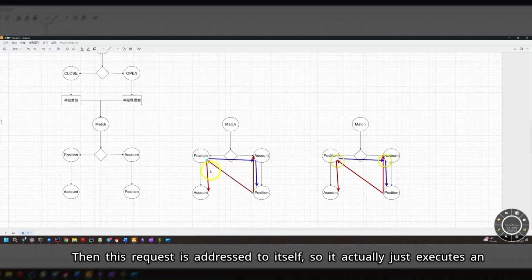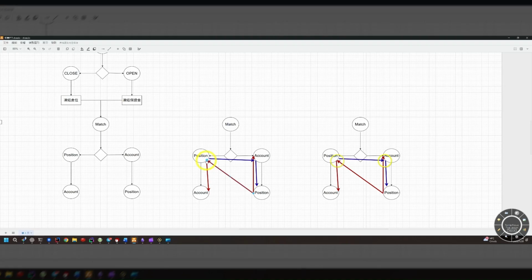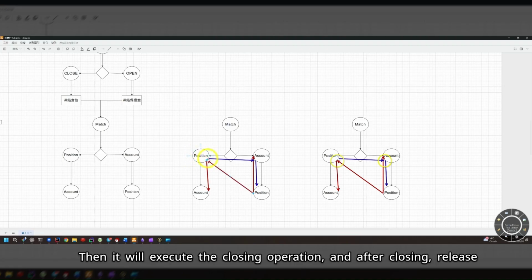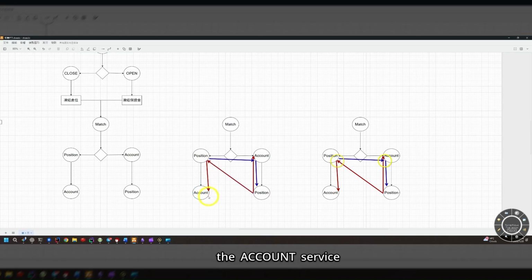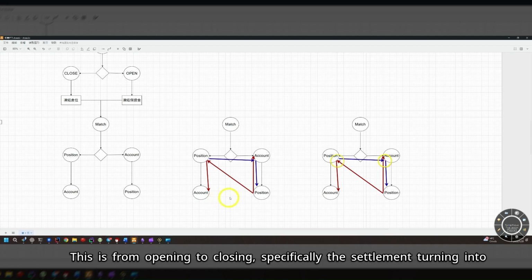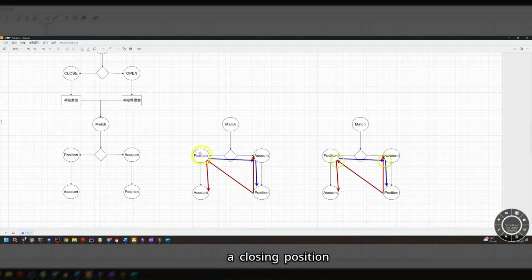Then this request is addressed to itself, so it actually just executes an internal function. Then it will execute the closing operation, and after closing, release this part of the margin, trigger an event, and then have it released by the account service. This is from opening to closing, specifically the settlement turning into a closing position.